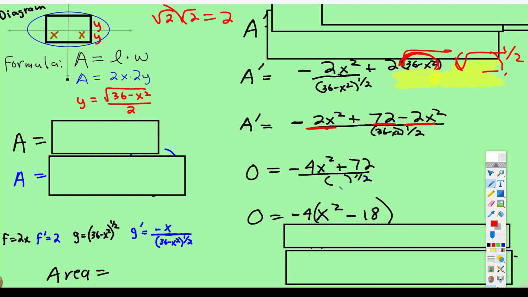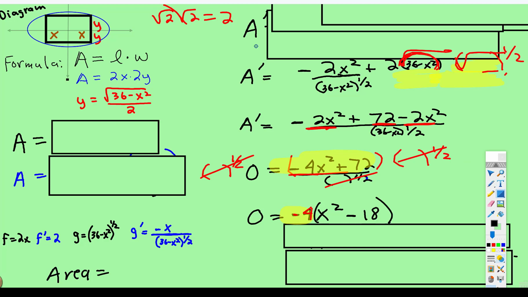Well, right there, I could fill that in, 36 subtract x squared, but I don't even care because look, we don't want this denominator, so when we multiply both sides by that stuff to the 1/2 power, stuff to the 1/2 times 0 is still 0, and now all we have left is that lovely numerator, and now I factored out a negative 4, leaving negative 4x squared divide negative 4 is just positive x squared. 72 divide negative 4 leaves negative 18.